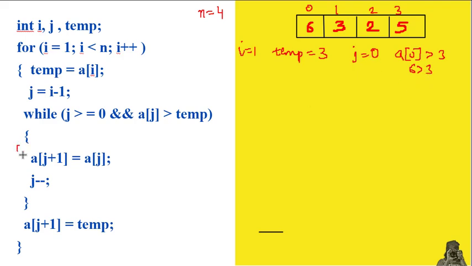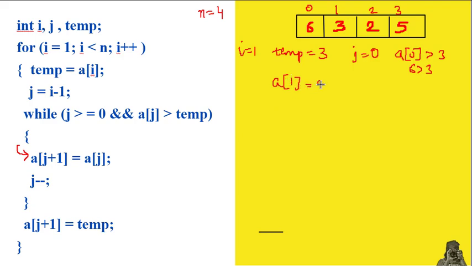So we can move into the while loop and execute this statement. Inside it, a of j plus 1: the current value of j is 0, so 0 plus 1 is 1.